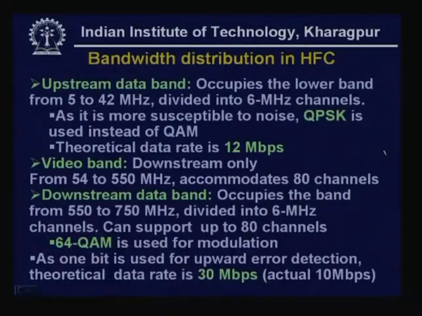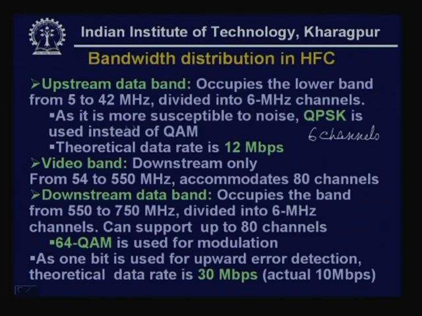Now, we see how the bandwidth distribution takes place and how it is being utilized. First, we consider the upstream data band that occupies the lower band 5 to 42 megahertz, which is divided into 6 megahertz channels. Since it is 5 to 42, we will have only 6 channels, and each of these 6 channels will have 6 megahertz bandwidth.